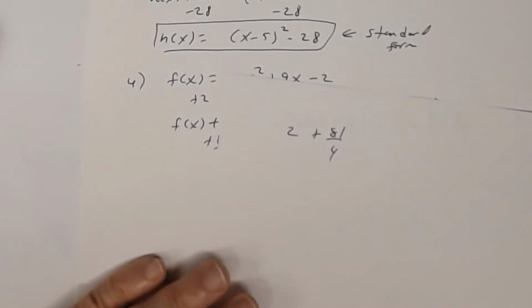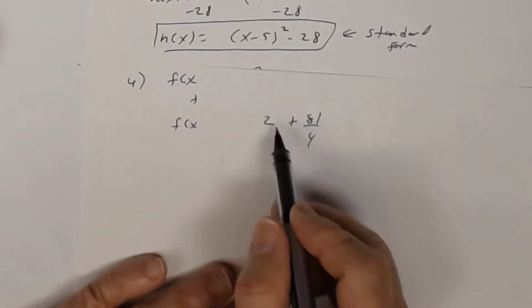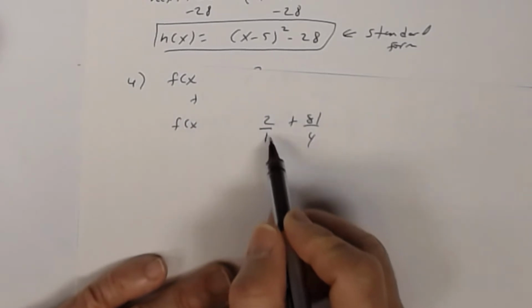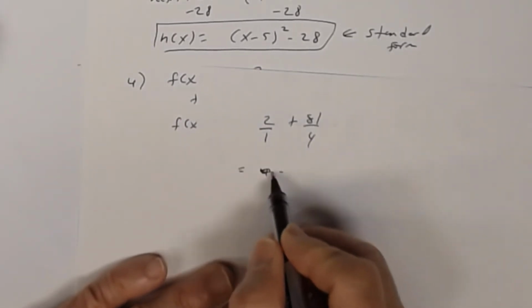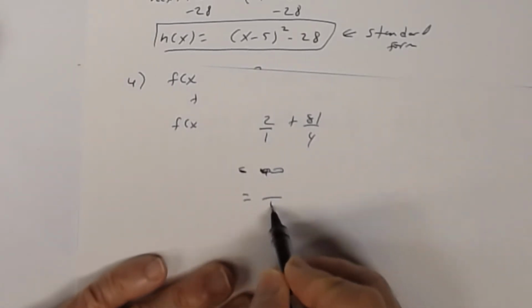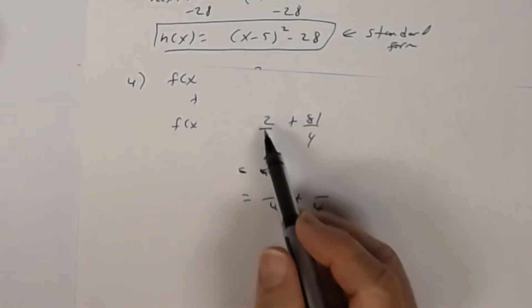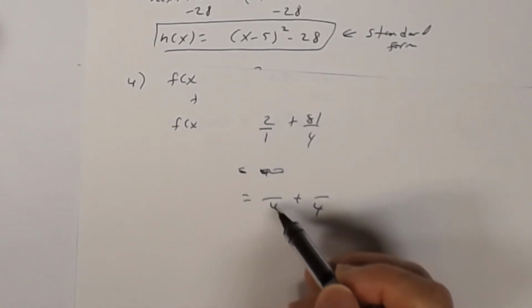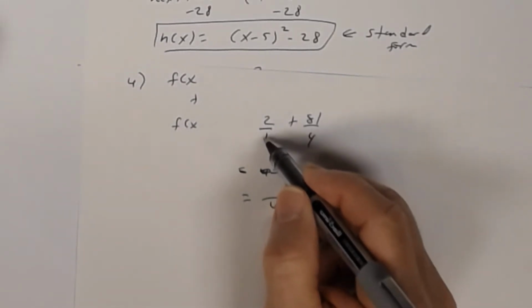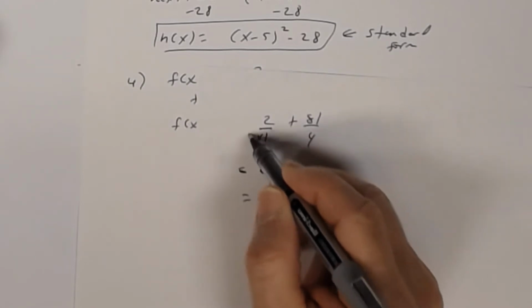Remember, when you add two numbers together where one or both are fractions, you have to have the same denominator. Remember that 2 is over 1 here, so the LCD is 4. So you're going to write two fractions with a denominator of 4. So 2 divided by 1 is equivalent to what fraction with a denominator of 4? If that's a 1 and I want it to become a 4, I'm going to have to multiply by 4.